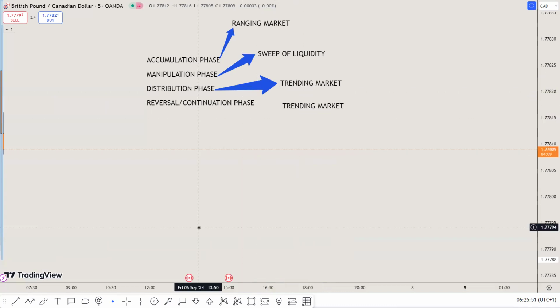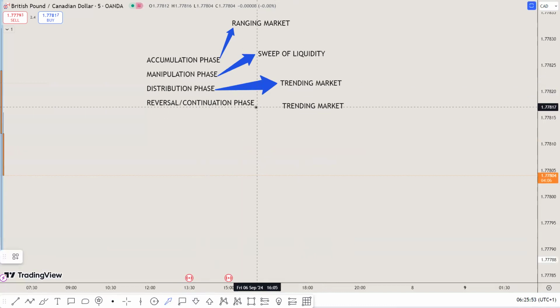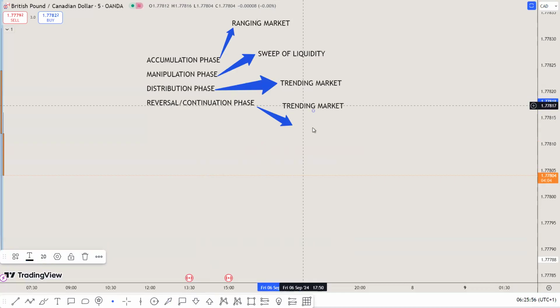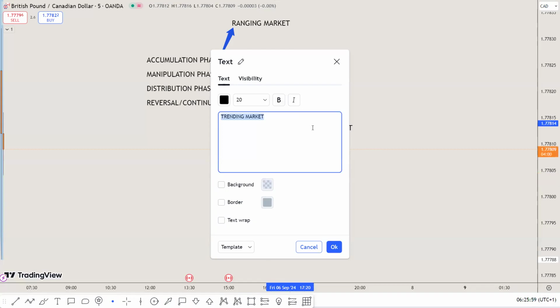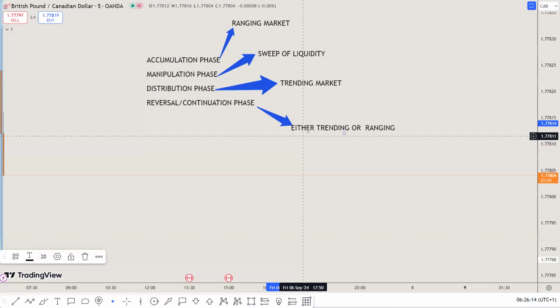So the reversal or continuation phase, of course, is either trending or it's what? Ranging, where all the manipulation happens. All right.